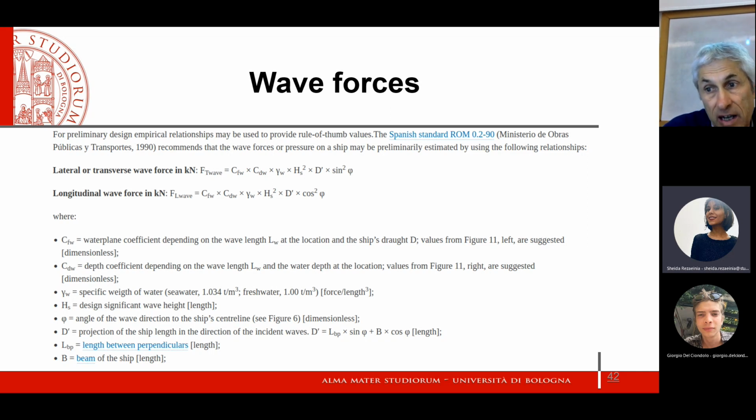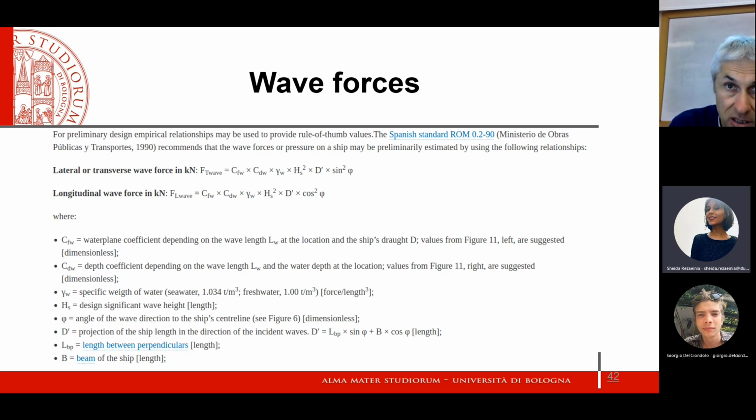The angle phi is the angle of the wave direction, this time, to the ship center line. And then we have D prime, capital D prime, which is the projection of the ship length in the direction of the incident wave, which is given by the length between perpendiculars.